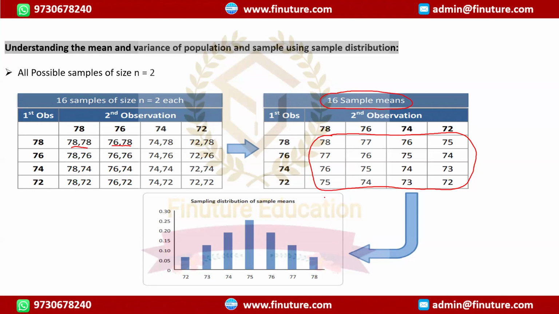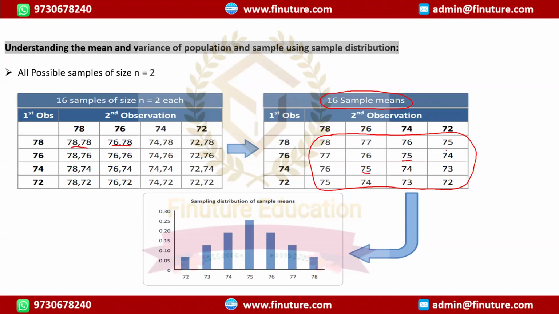Now, if I plot the probability distribution of this sample mean, firstly, can you tell me which element is appearing the highest number of times, just looking at this matrix inside this red highlighted area? I feel it's 75.